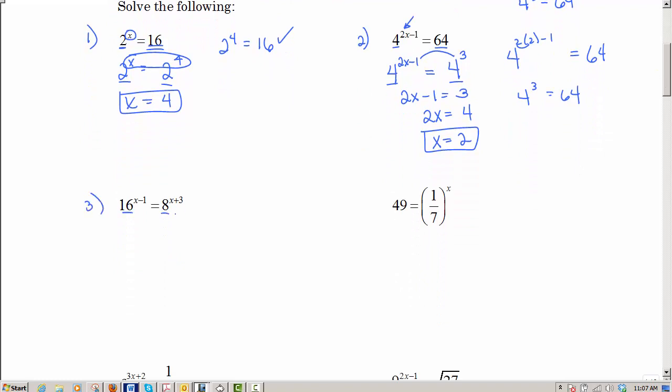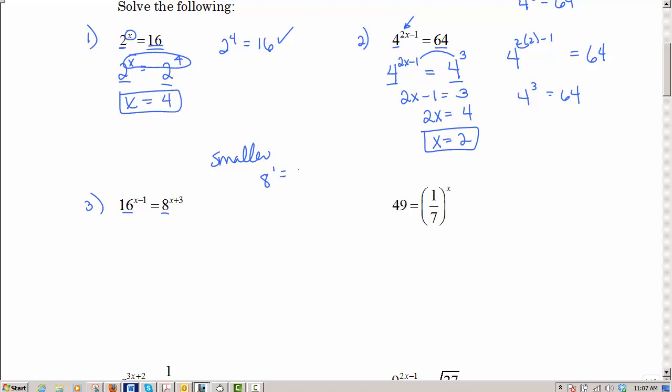Okay, so they have exponents on both sides, so that's good that they're isolated on each side of the equal sign. But we need to rewrite them in terms of the same base. So you always want to think about the smaller number. So 8 is smaller. Can I get 16 in terms of 8?